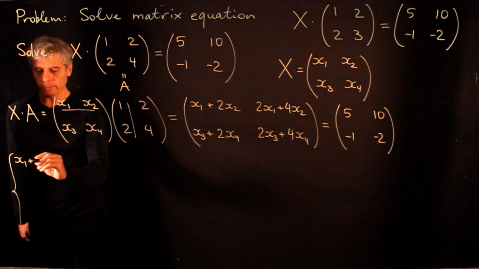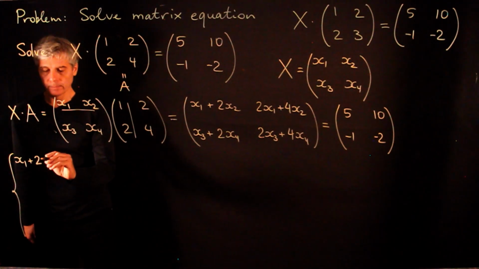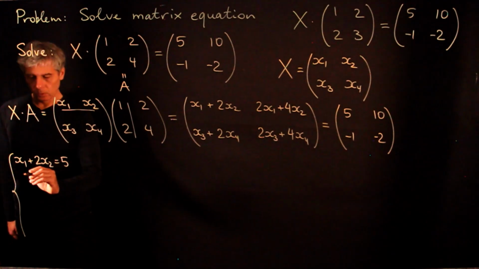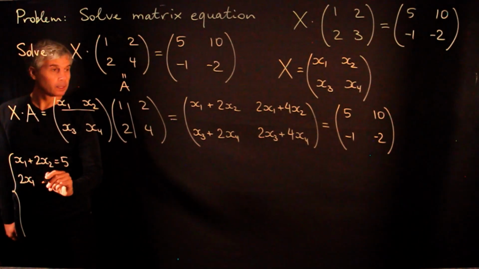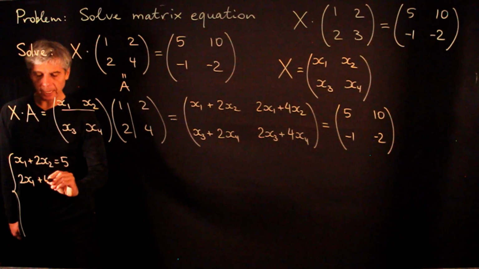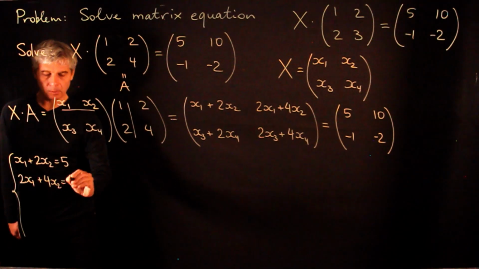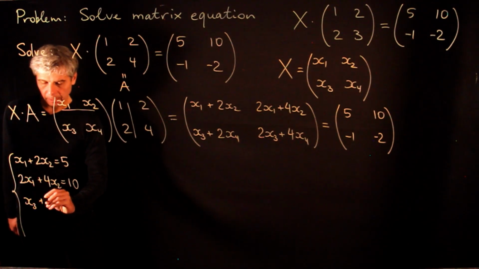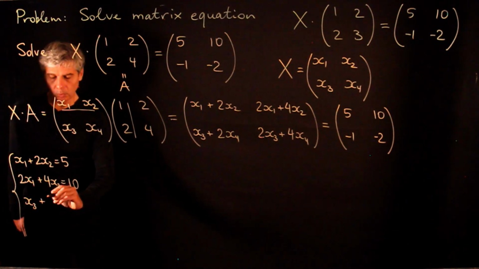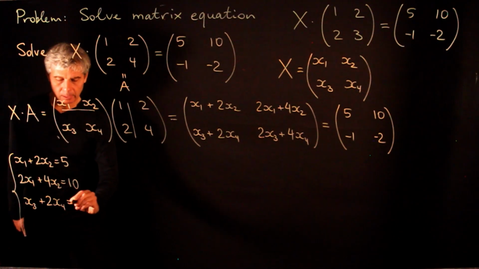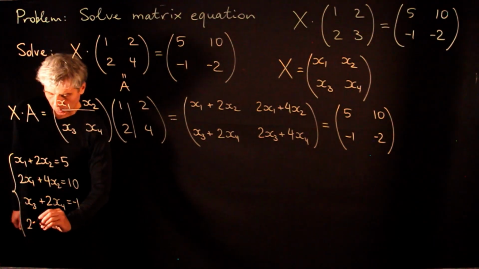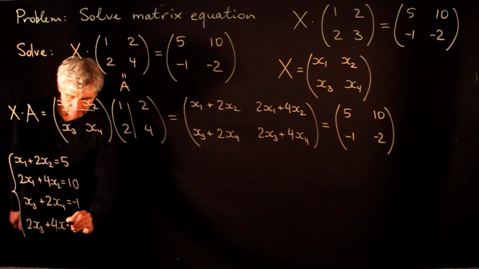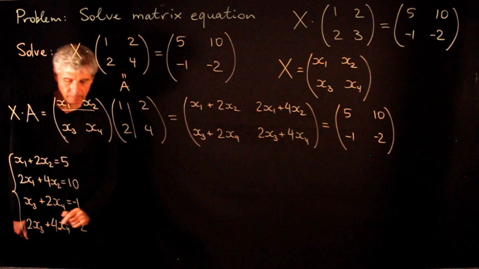So x1 plus 2x2 is equal to 5. 2x1 plus 4x2 is equal to 10. Then x3 plus 2x4 is negative 1. And 2x3 plus 4x4 is negative 2.